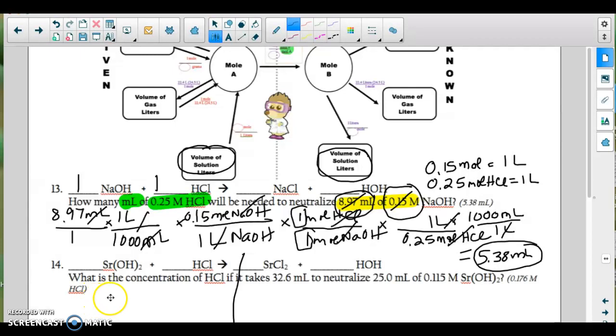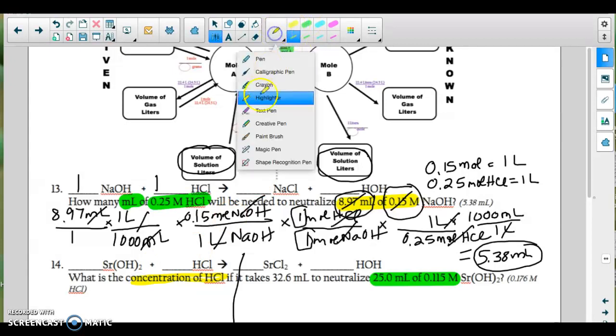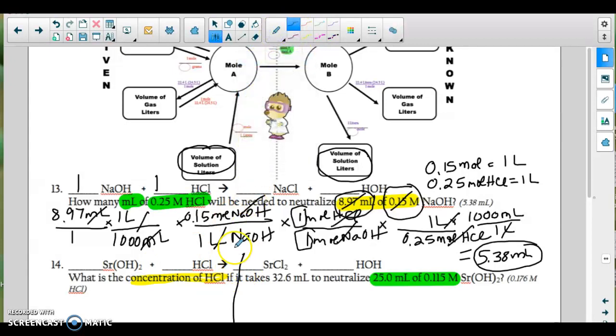Here's another problem. They want to know the concentration of hydrochloric acid, and this one's a little different. I have 25 milliliters of 0.115 molar strontium hydroxide, and they want to know the concentration of hydrochloric acid. So they're really asking me to calculate the molarity.